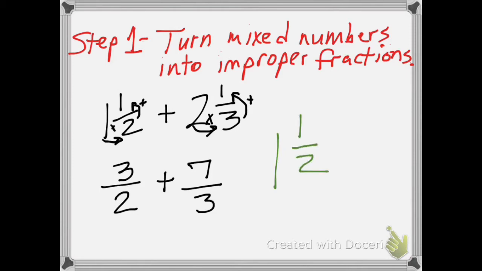We take the big number, which is our whole number, we multiply by the bottom number, or the denominator, then we add the top number. So in this case, 1 times 2 plus 1 equals 3 over 2. Notice that the denominator does not change.